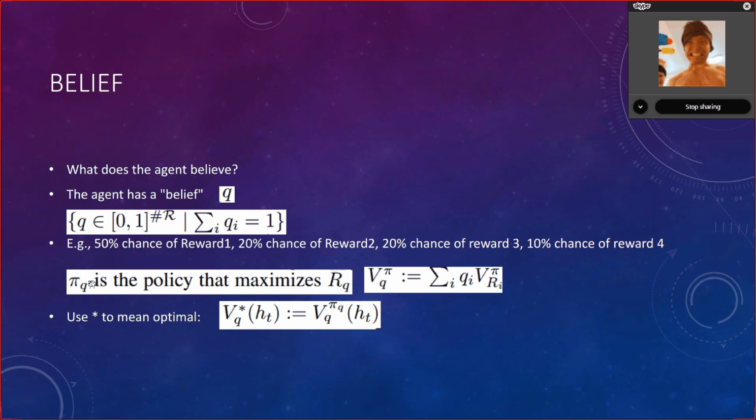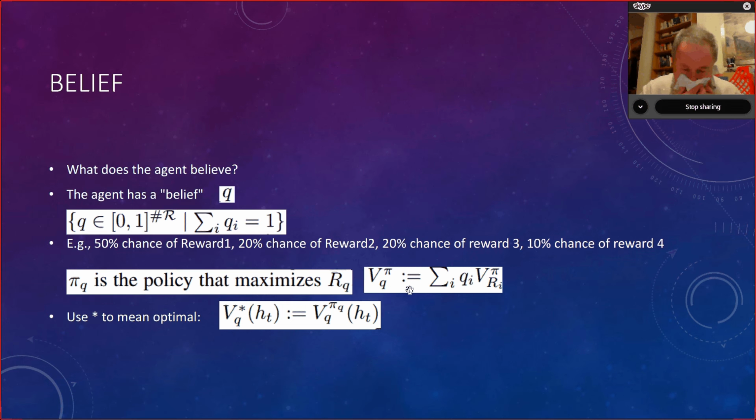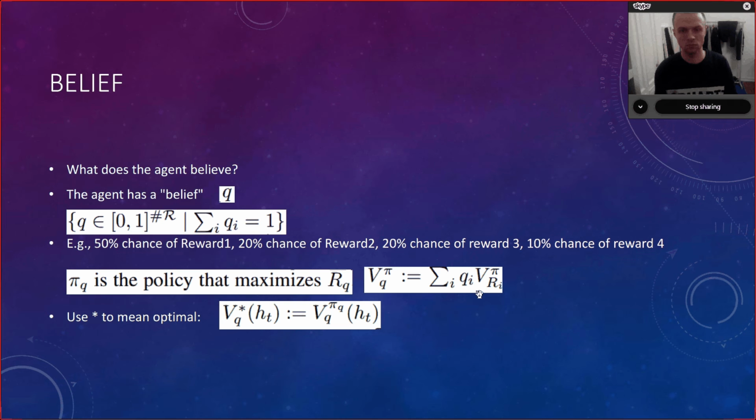And then we denote pi q as the policy that maximizes the qth reward function. In this case, we have the optimal value for this q, and that is the sum of the value that we get according to each dimension.